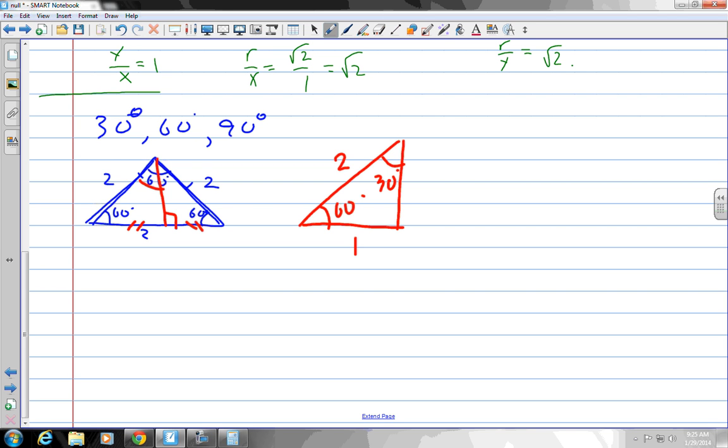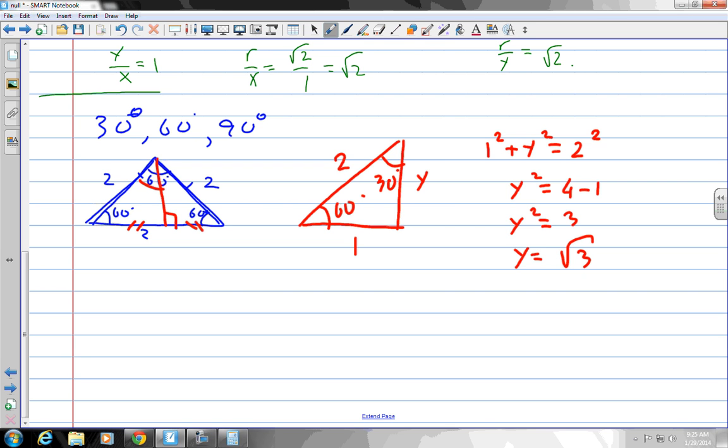The reason why I did that is because I can find the third side, can't I? Using the Pythagorean theorem. Let's call this side y. We know that 1 squared plus y squared equals 2 squared. Solving for y squared, we get y squared equals 4 minus 1, so y squared equals 3. So y is square root of 3.